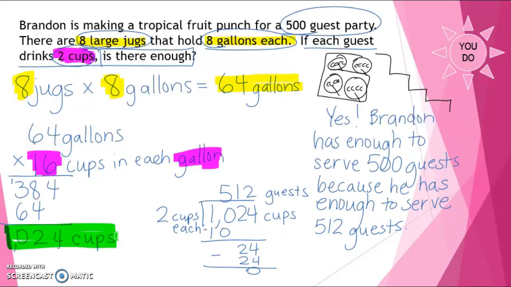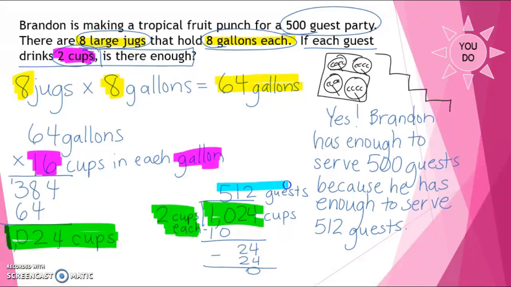So all in all, Brandon has 1,024 cups, but we're not done, because what we're looking at now is if there are 500 people coming to the party and each person is going to drink 2 cups, will there be enough? Well, if you divide 1,024 cups into groups of 2, how many people can you serve?